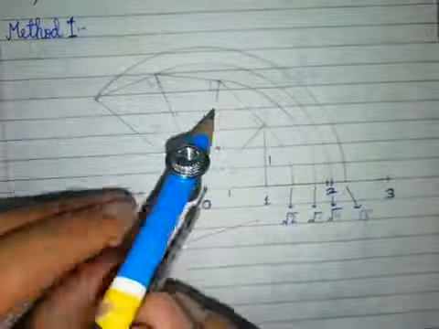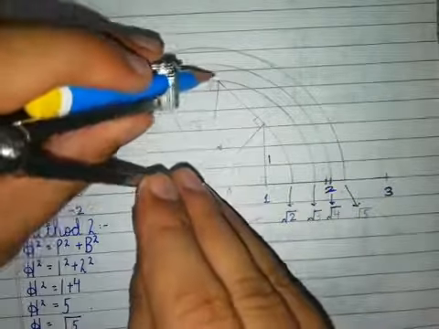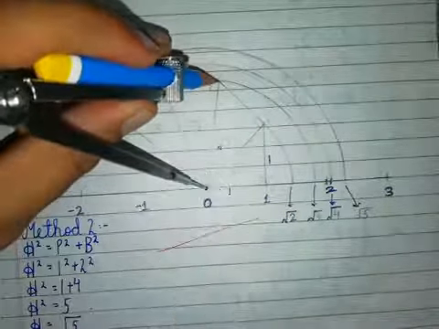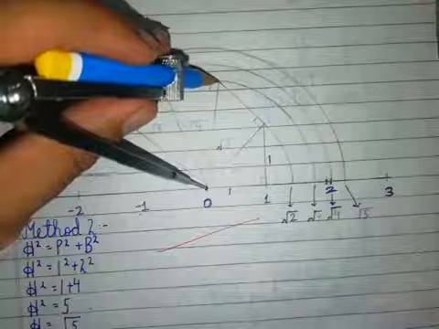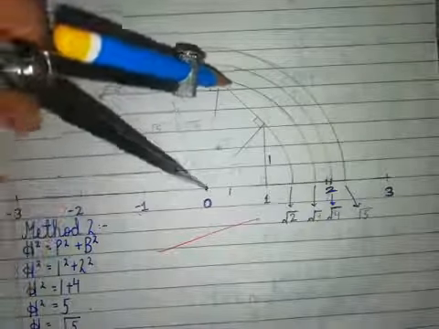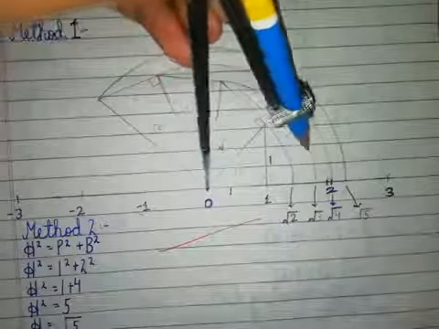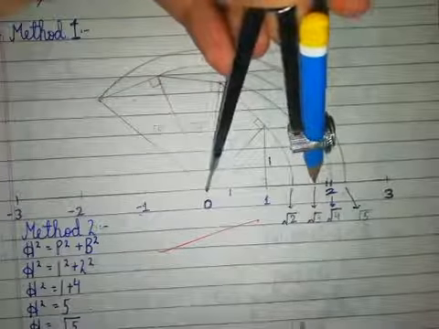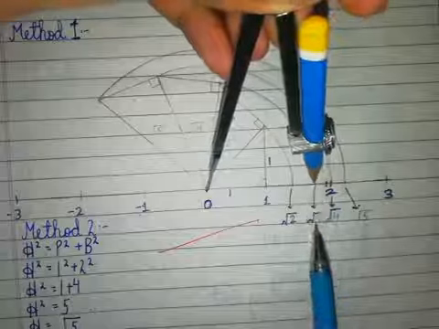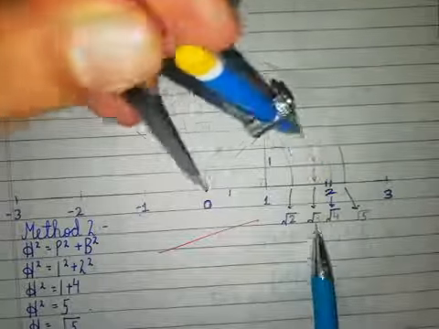Then fill this gap, under root 3, okay, and this also we have to represent on the number line. It comes till here, so this is our under root 3, okay.